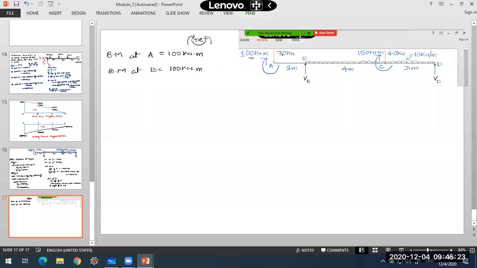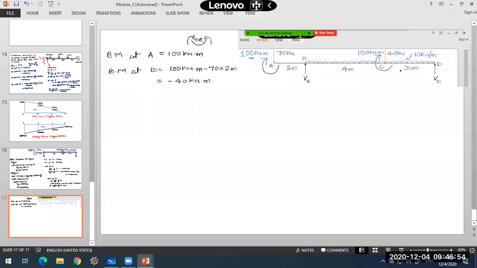This load will have an anticlockwise moment about point B, so it will be minus 70 into 2 meters, because left side anticlockwise moment is negative. Minus 70 into 2 is 140, so this will come out to be minus 40 kilonewton meter. This is our bending moment at B.